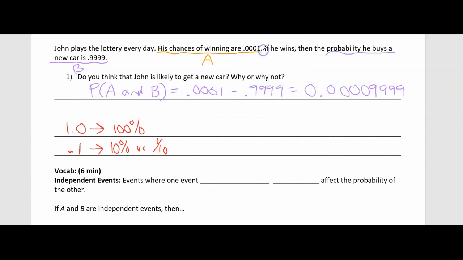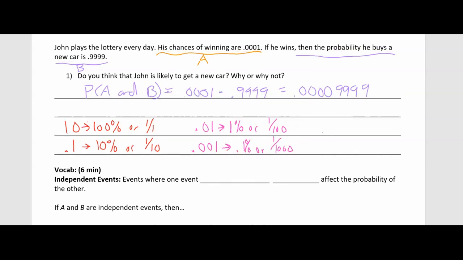And if we keep following this pattern, 0.01, that's about 1% of the time, or 1 out of 100. If we go to 0.001, that's going to be 0.1%, or 1 out of 1,000.